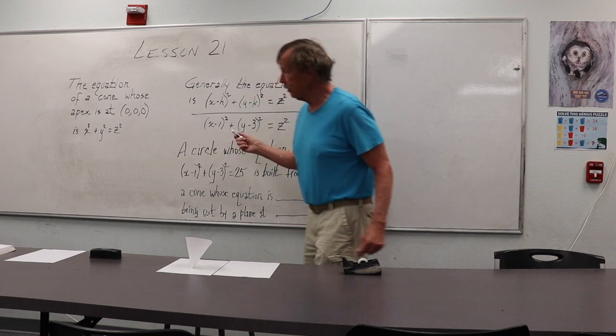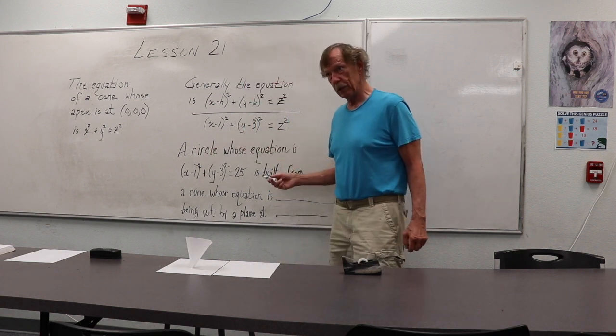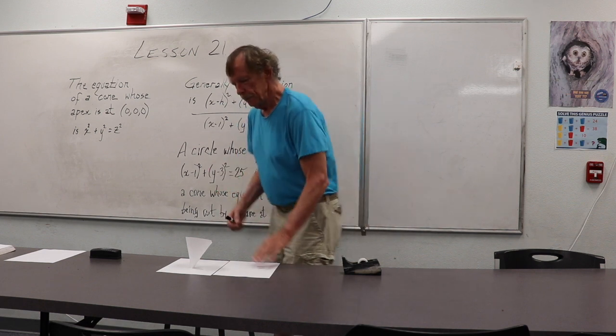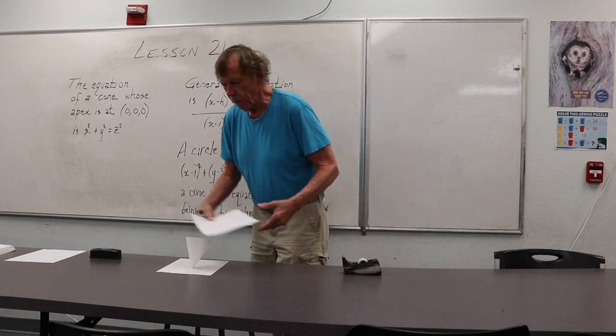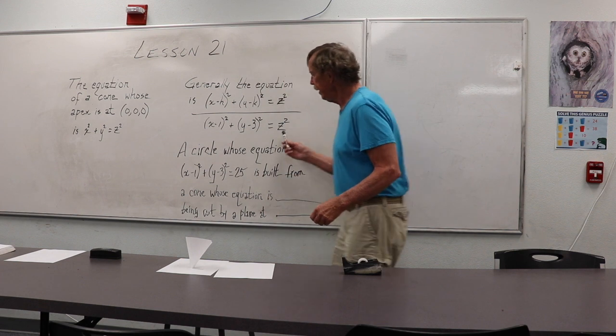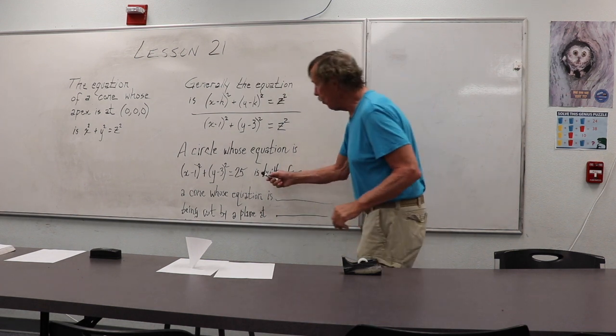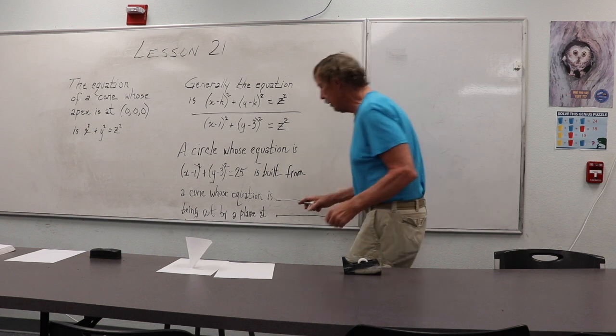That is the equation of the cone. And it's being cut by a cutting plane at z equals 5, because 25 is z squared.